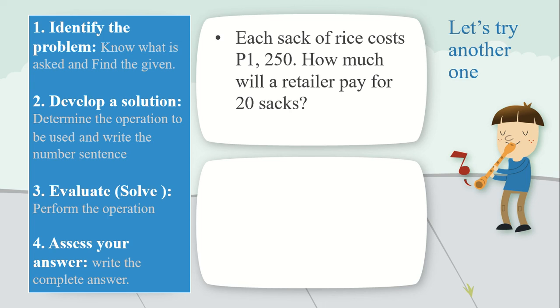Remember, when we repeat the same number several times, we can use multiplication. Second thing, remember that the question says how much will a retailer pay. So the word pay tells us that the answer must have the unit of the currency. So identify the problem, develop a solution, evaluate, which means solve it, and then assess your answer, write it in the complete way.